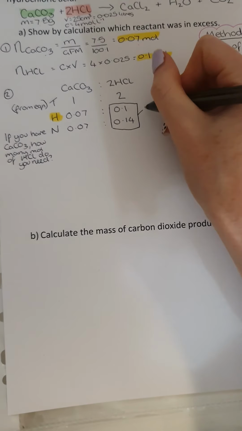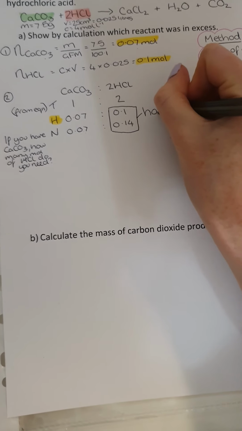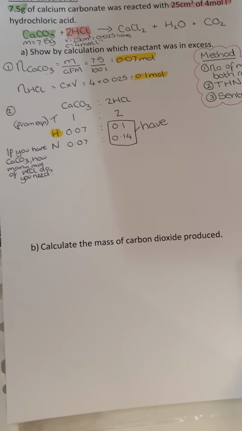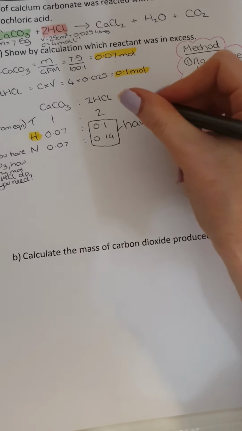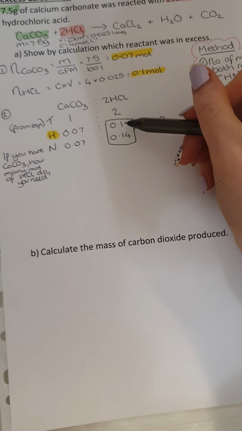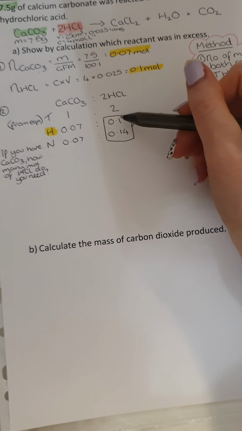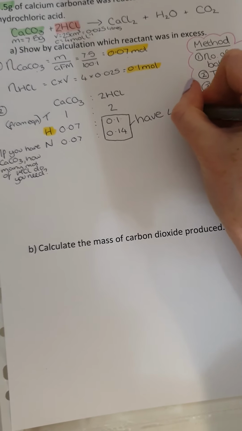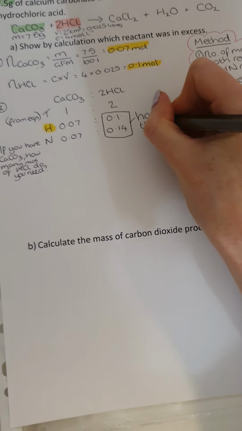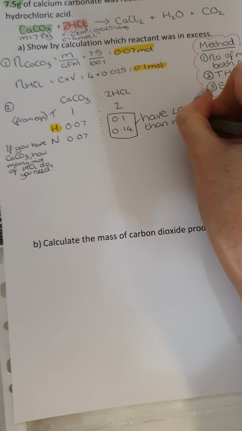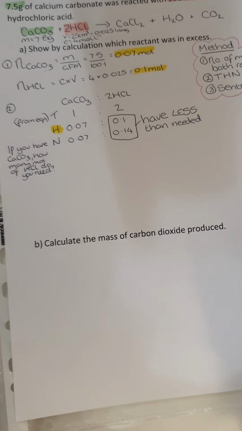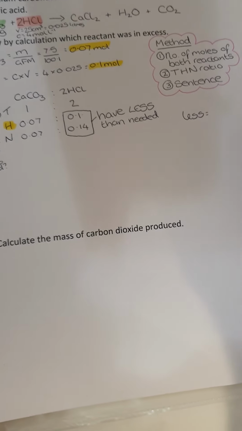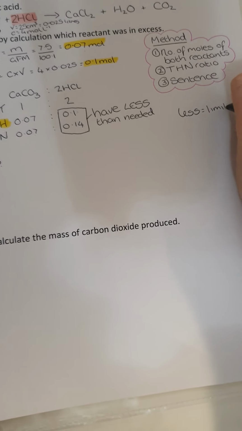So you need a wee sentence here to help. You either would write less or more than needed. So in our case, we have less than needed. 0.1 is lower than 0.14. So have less than needed. If you have less, this is your limiting reactant.